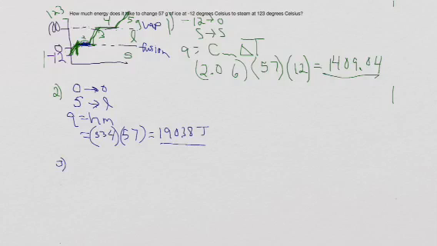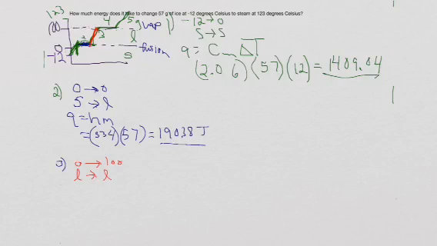Step 3 would be this part here in red. So we're changing the temperature from 0 up to 100. So that means we have it as a liquid. That means we have to stay at a liquid. We can't do both at the same time.